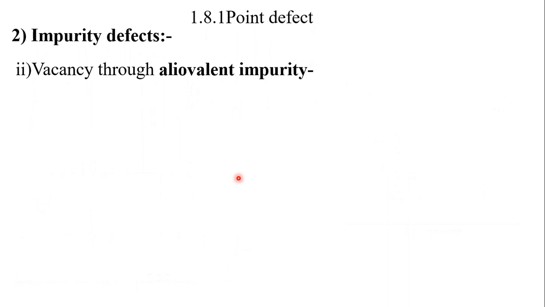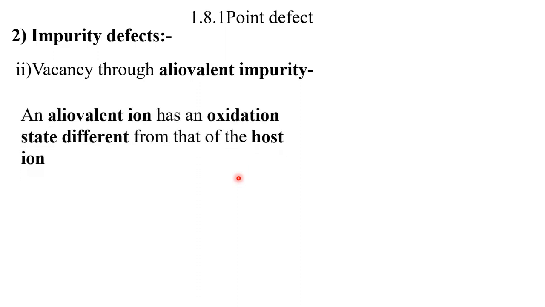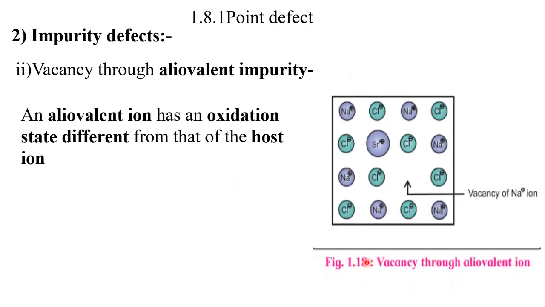Now the second, that is vacancy created through aliovalent impurity. Aliovalent impurity means the aliovalent ion has a higher oxidation state, or an oxidation state different from the host atom, the host ion. For example, see here, it is a crystal of sodium chloride, and here the aliovalent ion is the strontium ion.